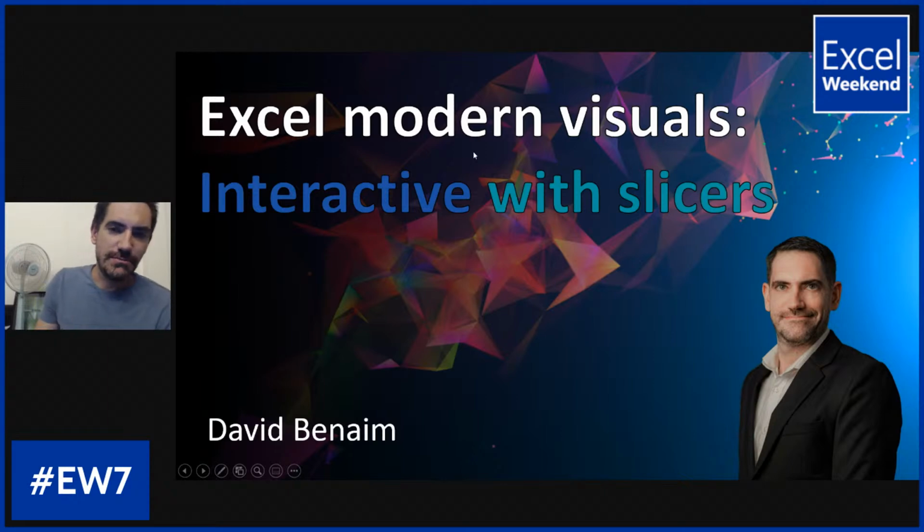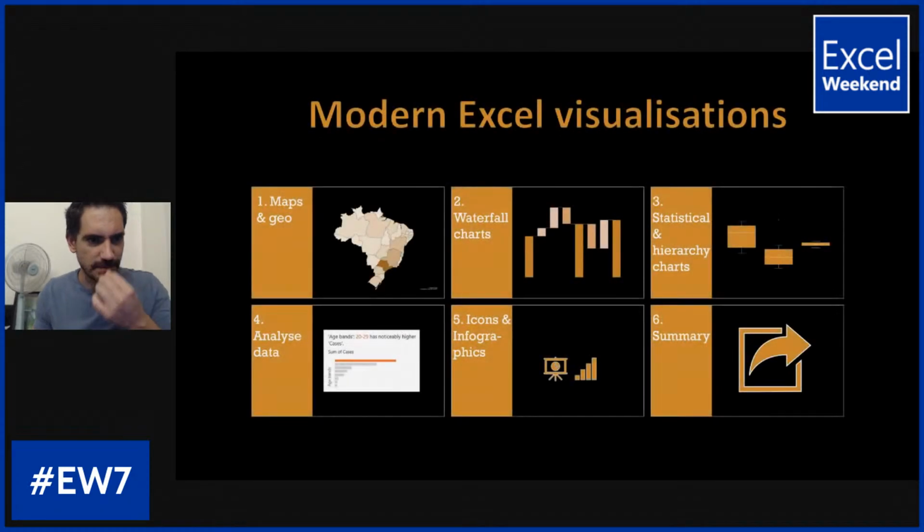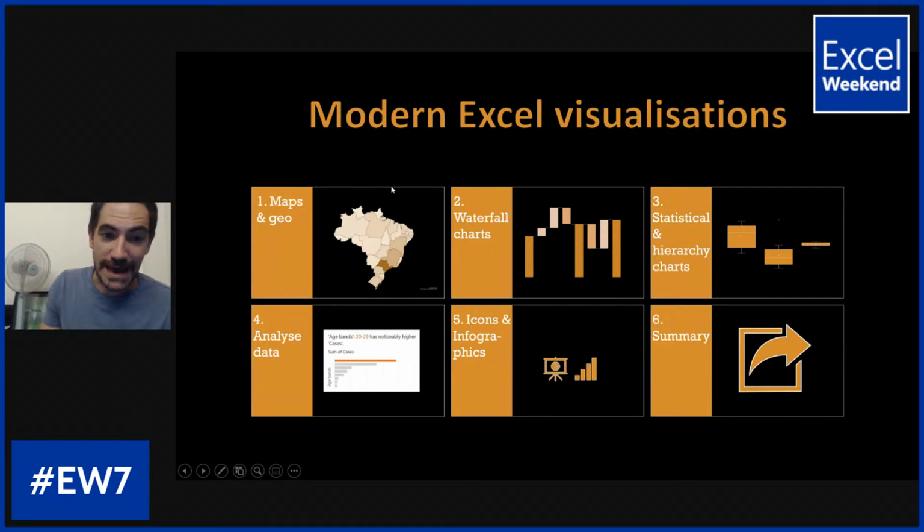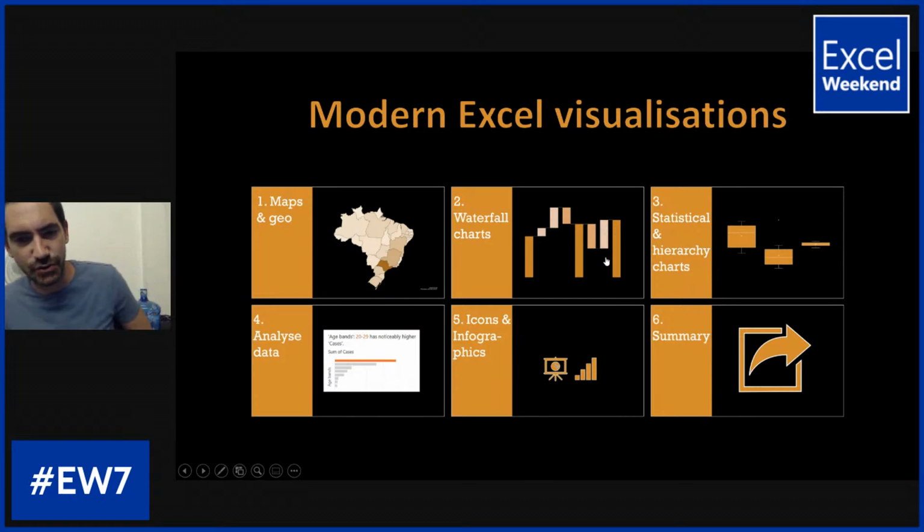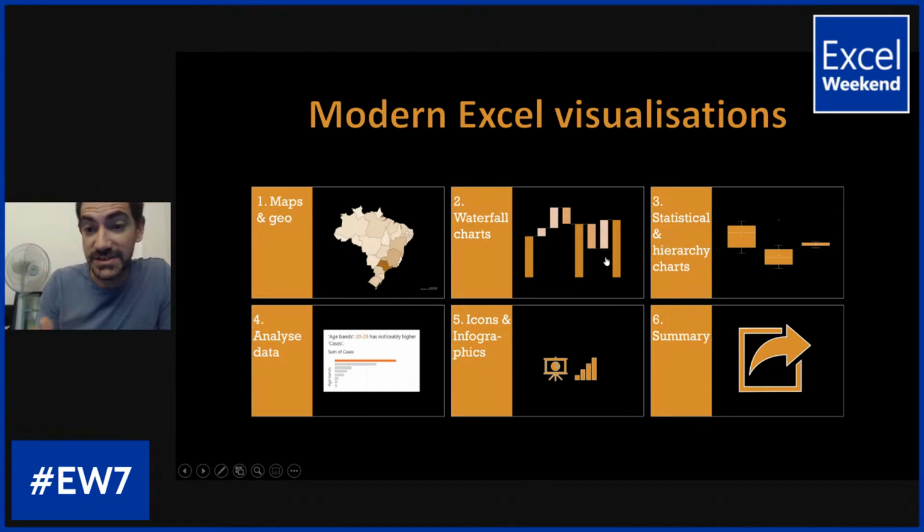So welcome to my session today. It's on modern visuals in Excel and how to make them interactive through slicers. We're going to cover 6 segments in this short half hour, using map charts, which is probably my favorite feature of all of these. Then we're going to look at waterfall charts, a really fantastic tool that is now built into Excel.